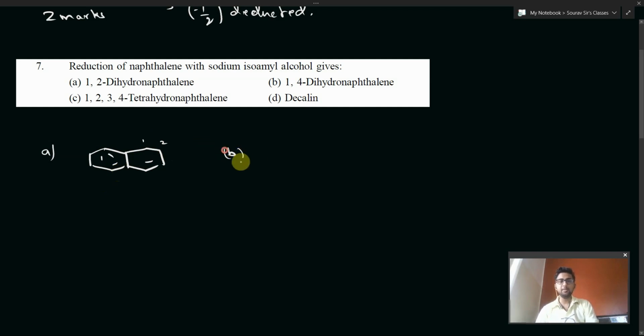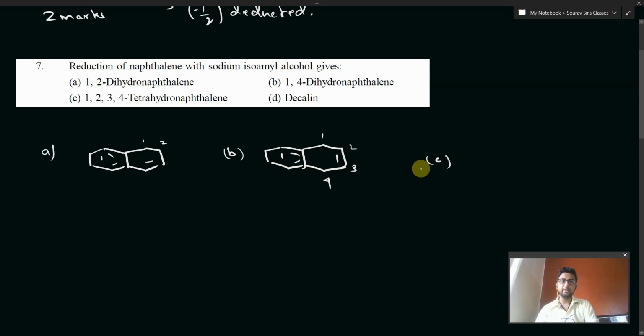Then we have option B, 1,4-dihydronaphthalene. We have a double bond over here, this 1, 2, 3, 4, and you can see that carbons 1 and 4 are sp3 saturated. So this one is 1,4-dihydronaphthalene.